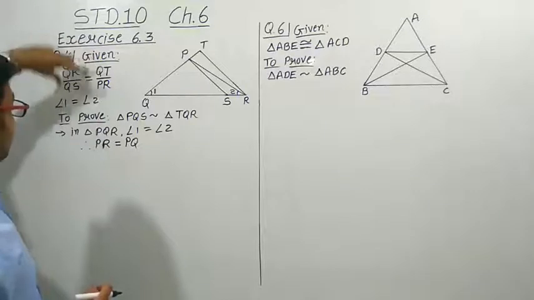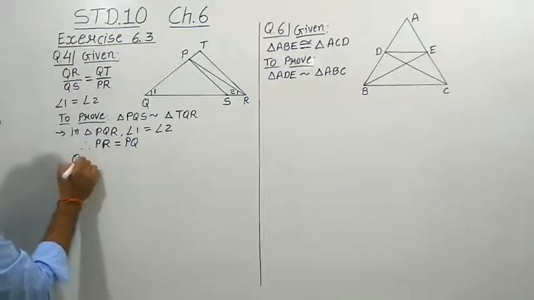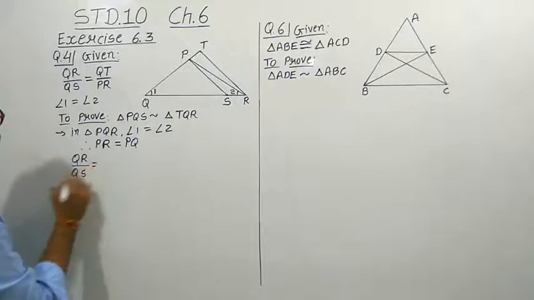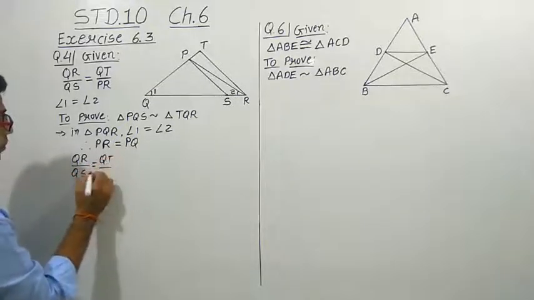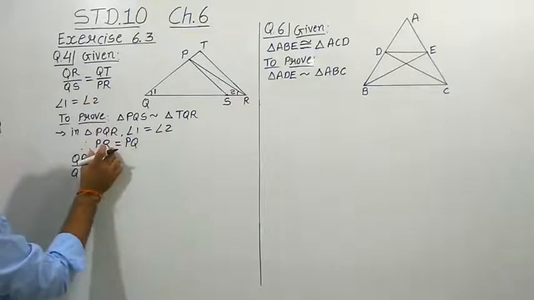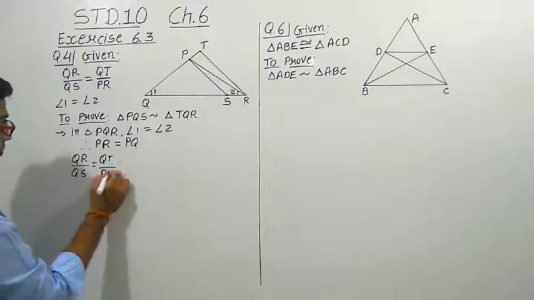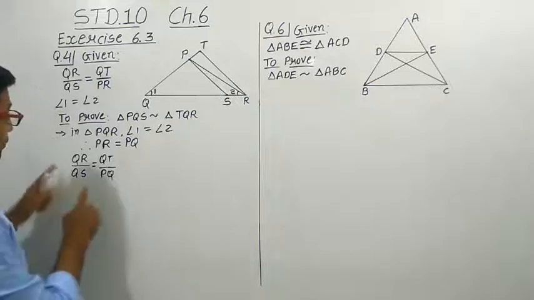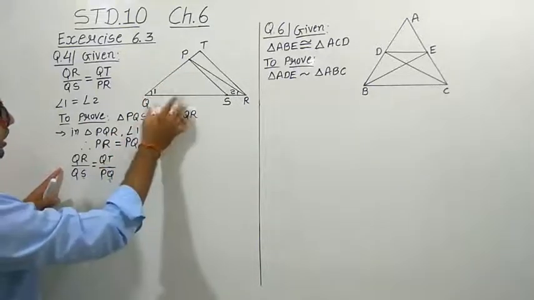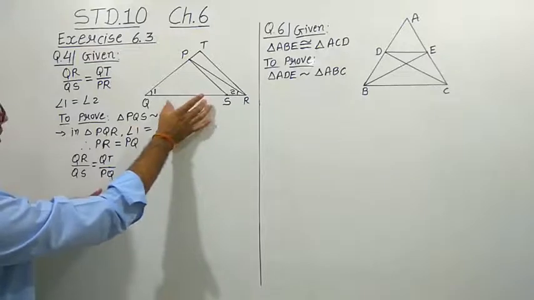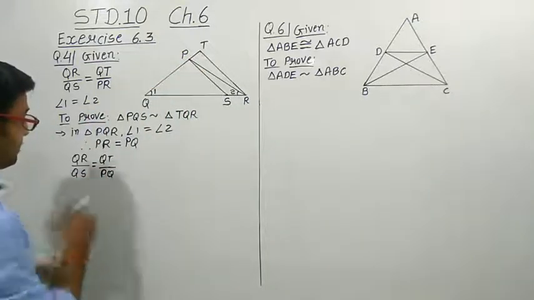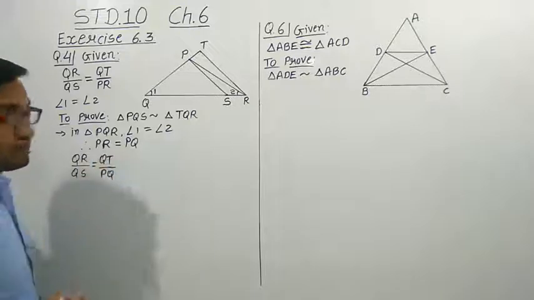So this is the same thing we have to write down here, that QR upon QS is equal to QT upon, instead of PR, now we are putting PQ. Now see, this is the ratio of QR to QS and QT to QP or PQ. That means now think about theorem number 6.2.